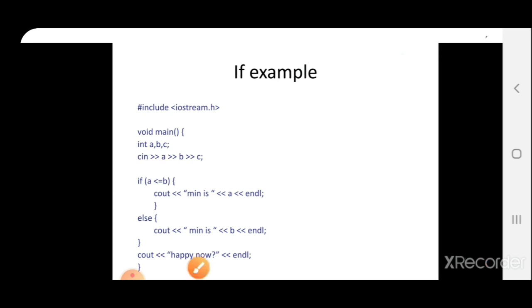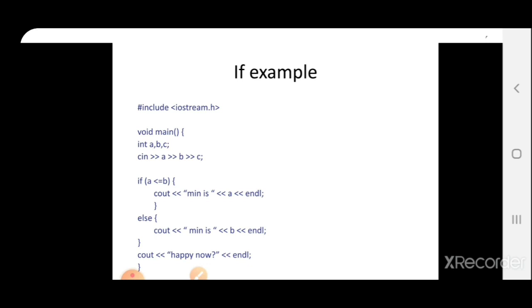I want to get values from the keyboard, so I have used the cin statement with the insertion operator for A, B and C. Then comes the logical part of this program. I am checking A's and B's values, A less than or equal to B, using the if statement.